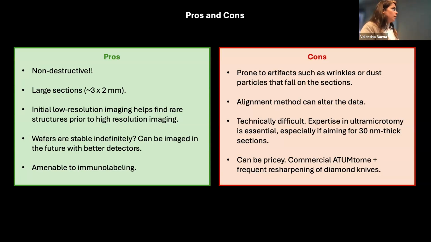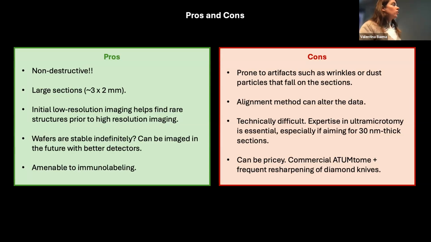Some of the cons, which are significant, is they're prone to artifact formation such as wrinkles or dust particles that fall onto the sections, and you'll actually see some of that in my videos. The alignment method can alter the data, so the sections are not always collected in the same orientation. So there is a significant alignment that needs to happen after data acquisition.